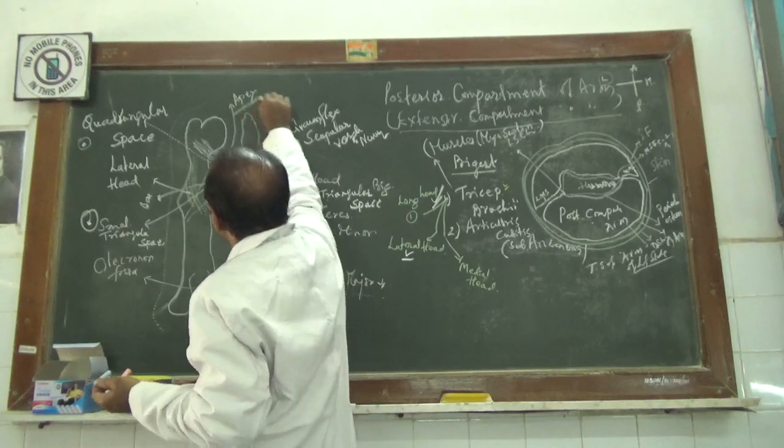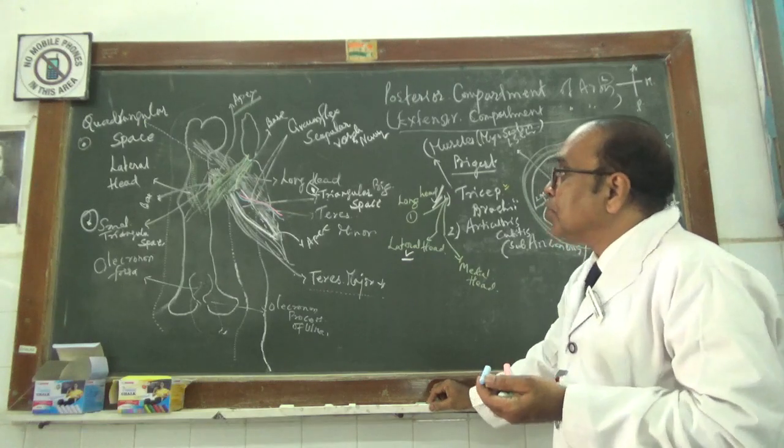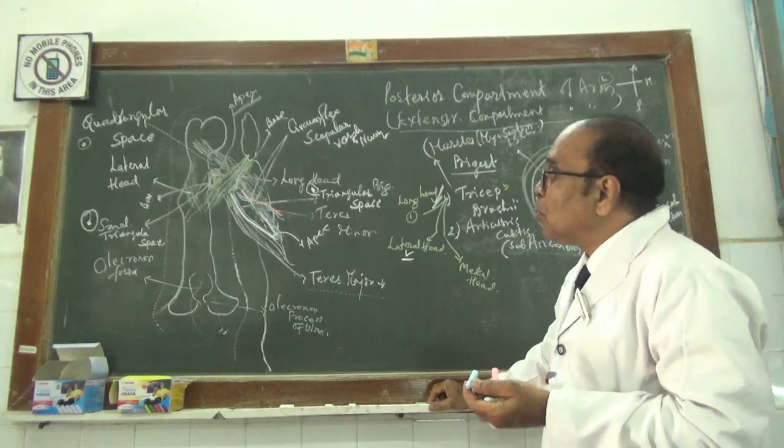This is the apex. Now this small triangular space has borders.